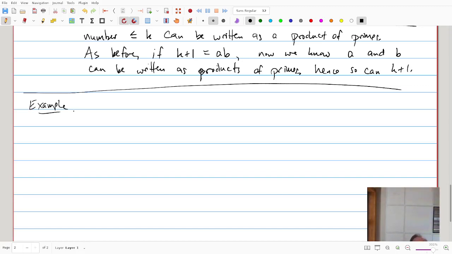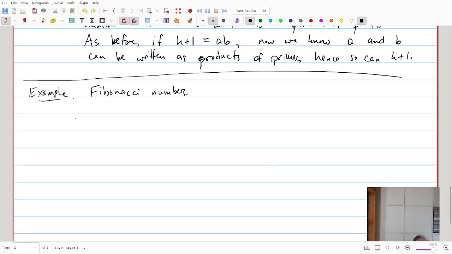So Garrett mentioned the Fibonacci numbers. If you don't know what those are, they're defined this way.